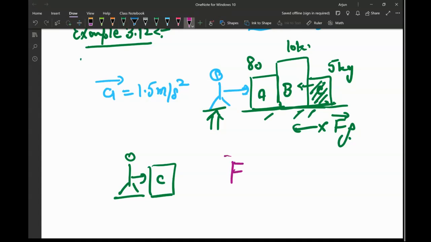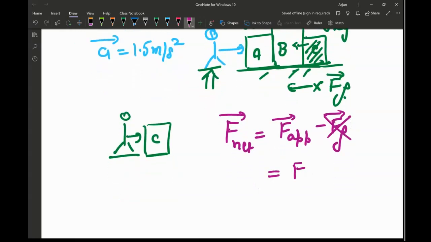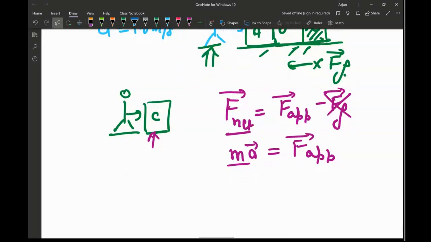So I will write the equation for the net force. F net will be equal to force applied minus force of friction. What did I say in the beginning of the question? That there is no force of friction in this case. So if there is no force of friction, I'm going to cancel this one out. Force applied is what I wanted to find out, and I am applying this force on box C. So the net force is ma: the mass of this box is 5 kg, the acceleration is 1.5, and that will be equal to the force applied.